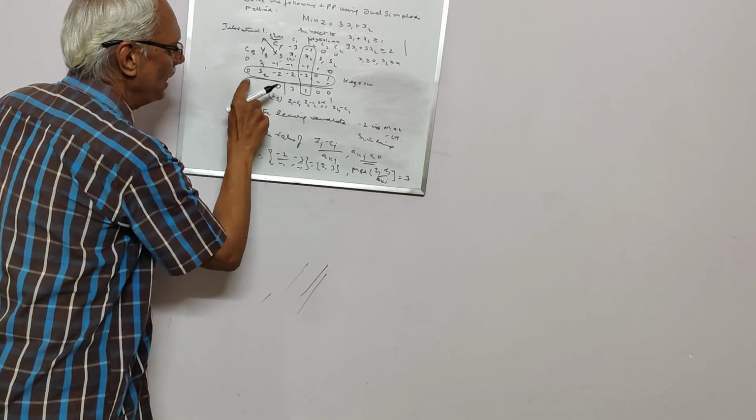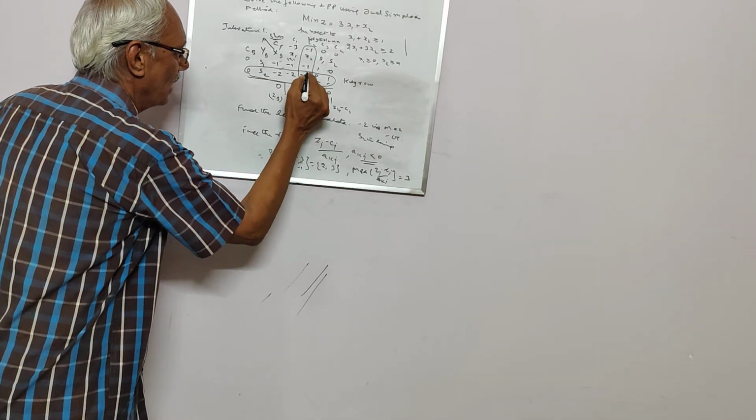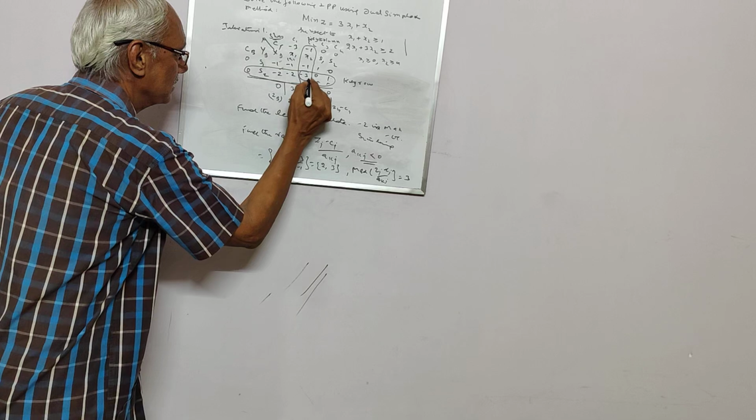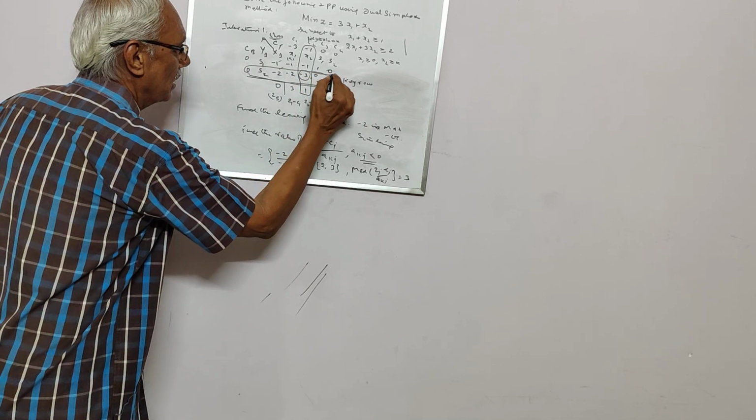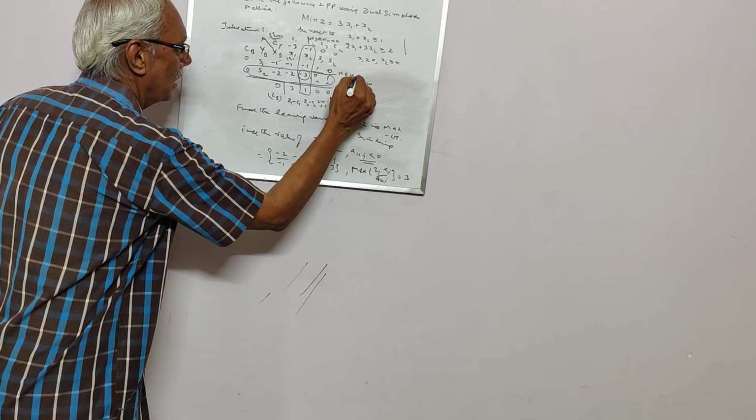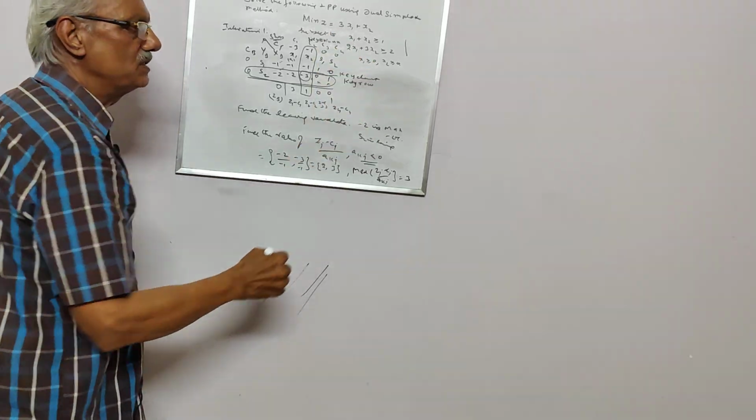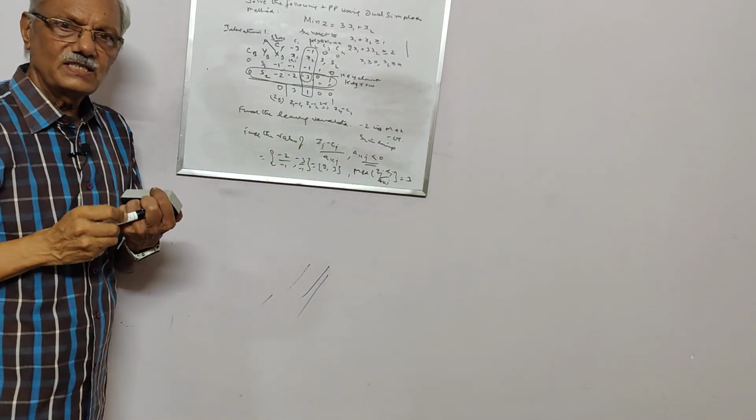So this is your key row and this is your key column, and so this is your key element. Now what have we achieved?